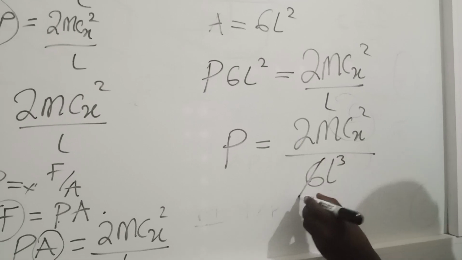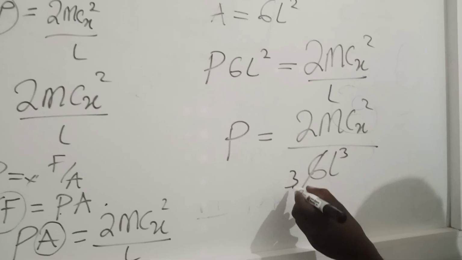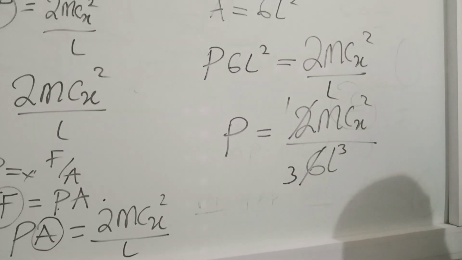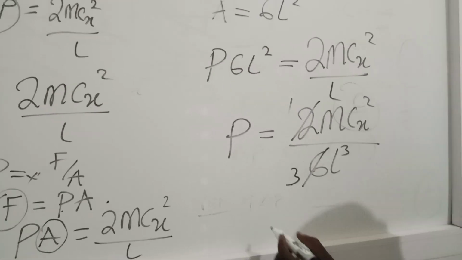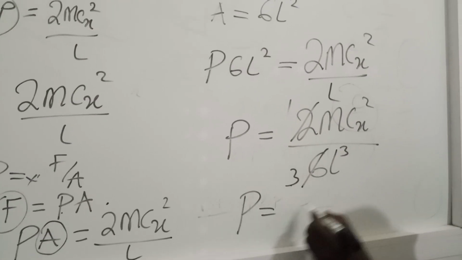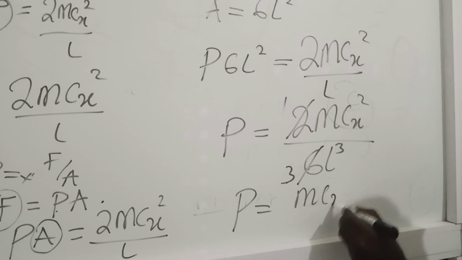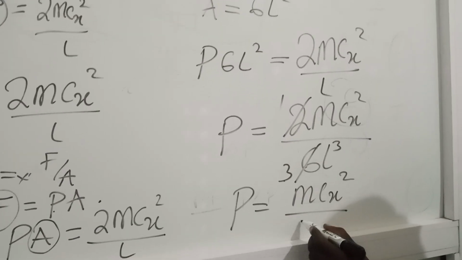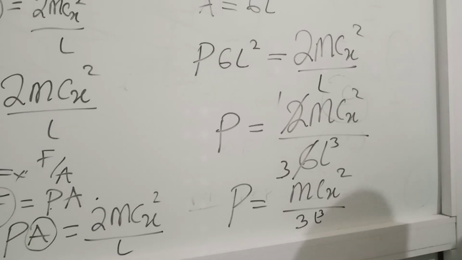So 2 into 2 into 6 we have 3, and 2 into 2 we have 1. We end up having P equal to mcx squared all over 3L cubed.